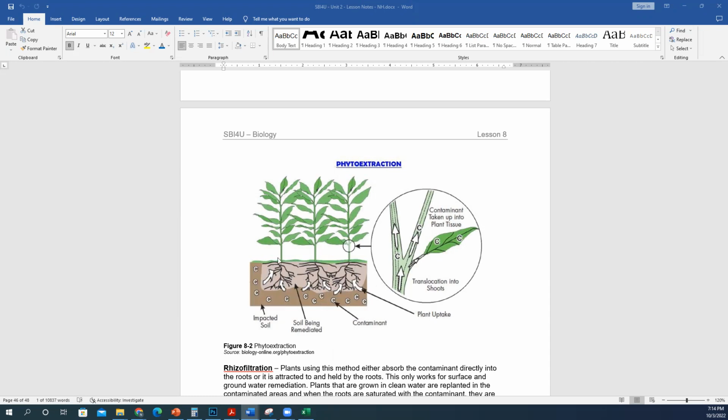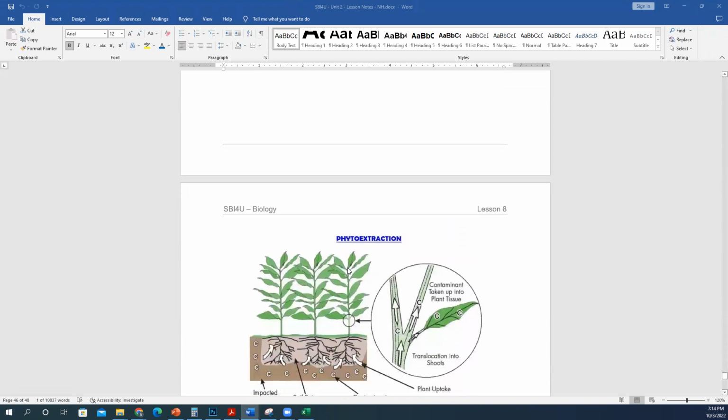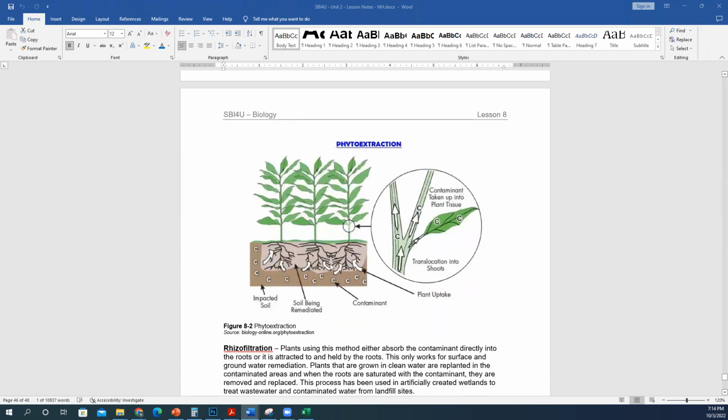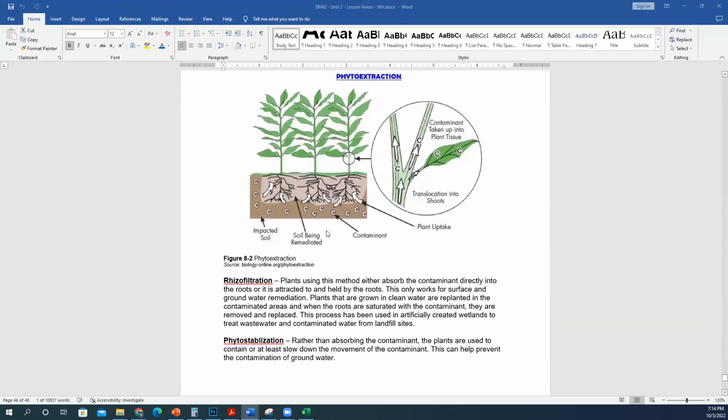So it only cleans up the certain amount of soil that is accessible by the roots, and then gets taken up by the roots, gets taken up further into the plant tissue, into the shoots, into the leaves, and eventually this plant can then be pulled out of the soil and harvested, and with it, the contaminant can be removed from that portion of the soil. So that is phytoextraction as one way of removing contaminants, particularly metals from soil.